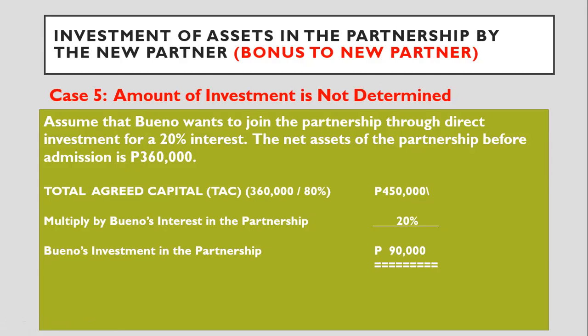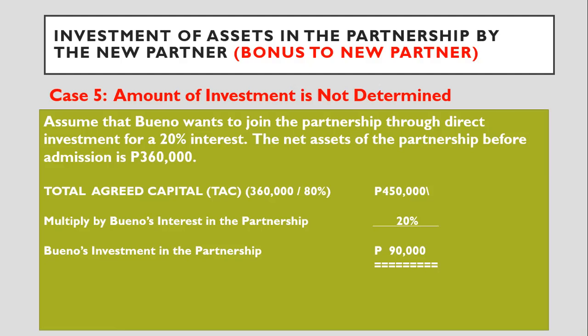If you ask what the journal entry is, it's a debit to the capital of the old partners, of course a portion using their P&L ratio, the P&L ratio of Bisario and Beltran. So they will be sharing the 90,000, a debit to their capital accounts and then a credit to Bueno.